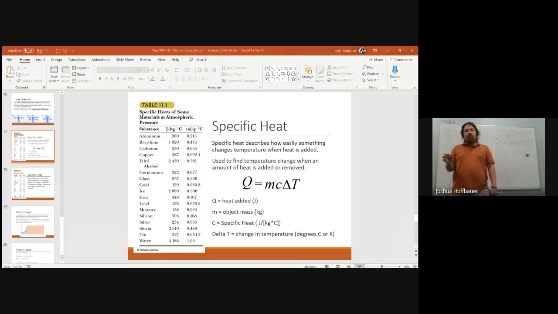Conversely, the thing on this chart with the highest specific heat, if you look at the bottom, is water. Water has an incredibly high specific heat, whereas a lot of the elements on this table have a specific heat of like 100 or maybe 700. Water's specific heat is over 4,000 joules per kilogram degree Celsius. It takes an extreme amount of energy to change the temperature of water by even a little bit.